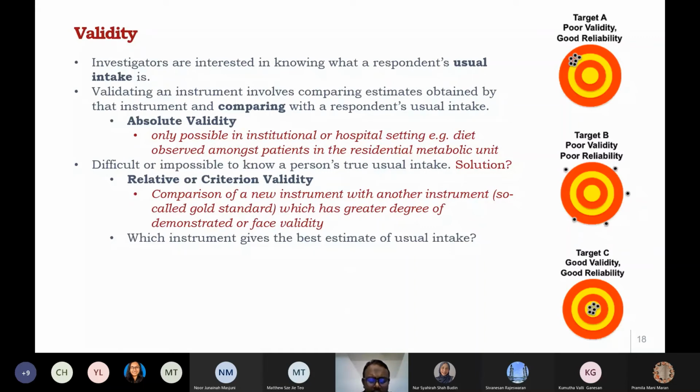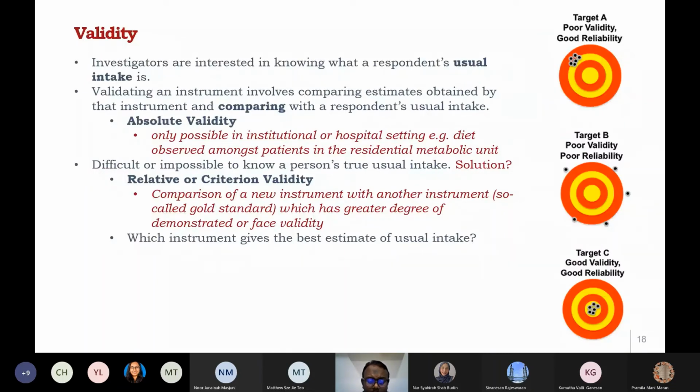Absolute validity is only possible when the person is institutionalized or in a hospital setting. For example, when we really have to observe the diet of patients in a residential metabolic unit. This is where we know what that person is consuming from the morning until the night.